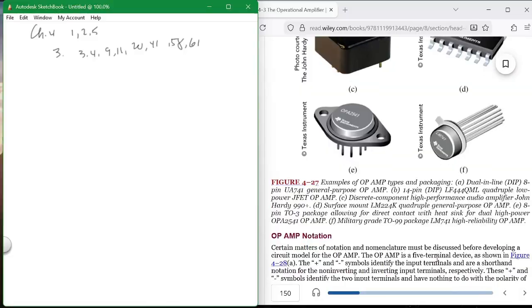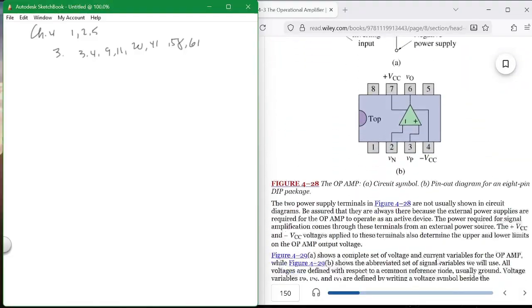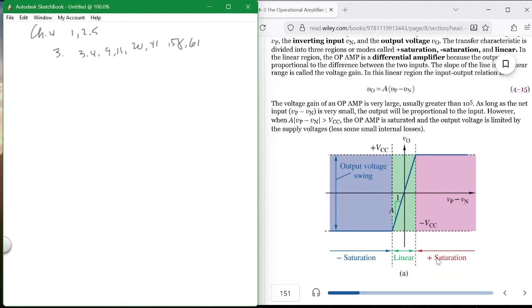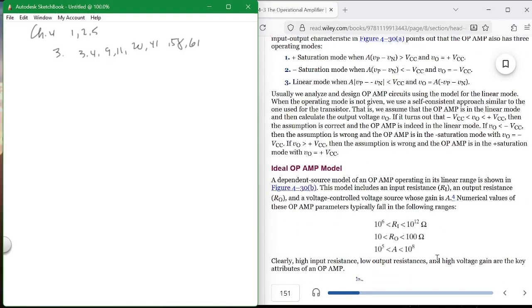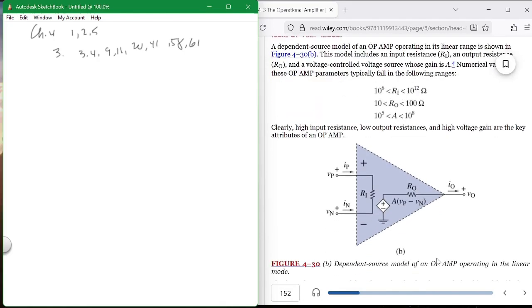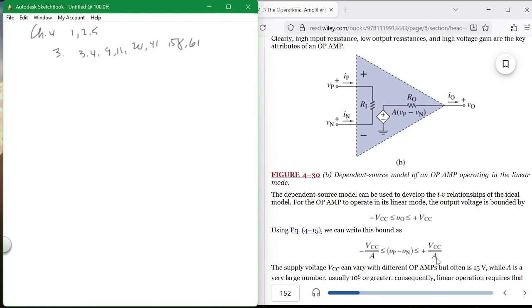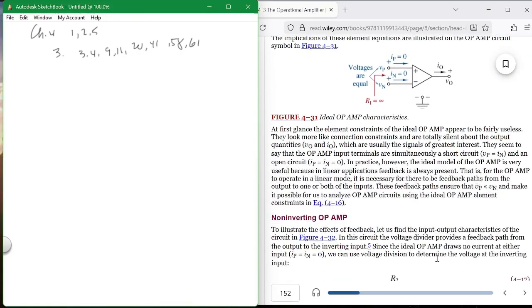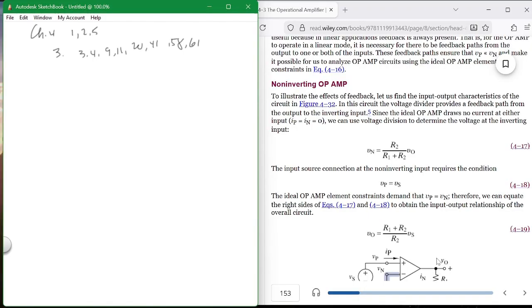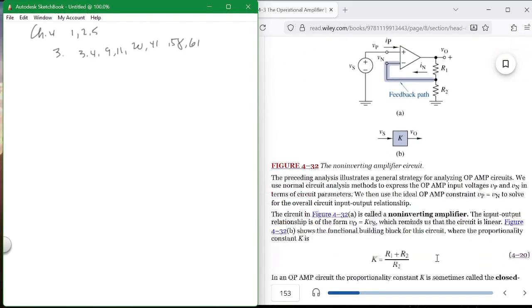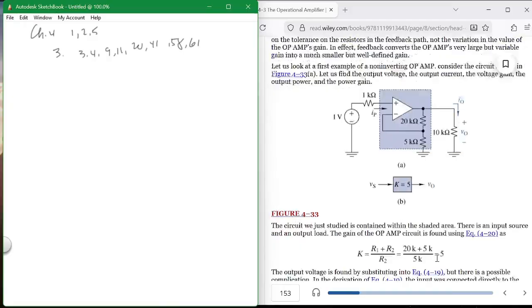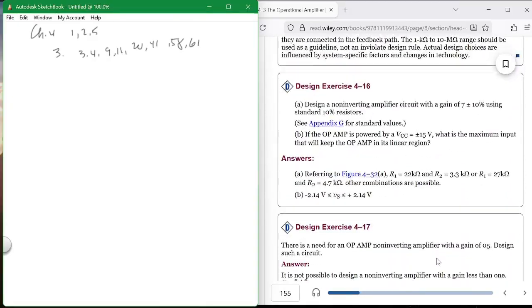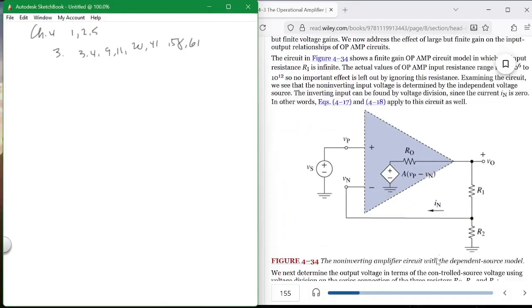The op amp part of this is right here. Here's your ideal op amp. The non-inverting formula. And someplace the inverting one.